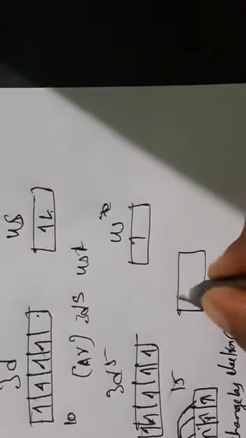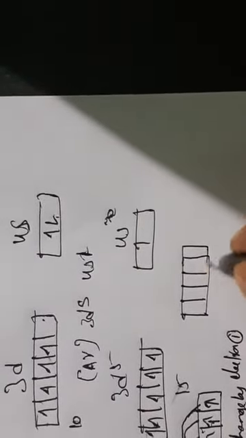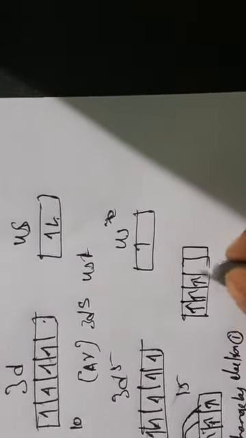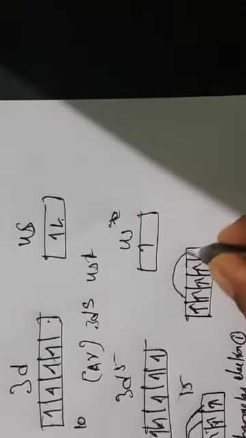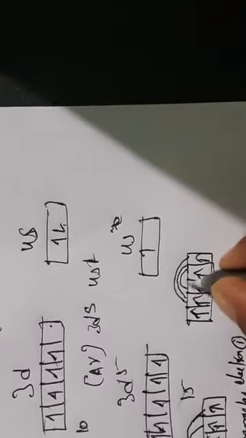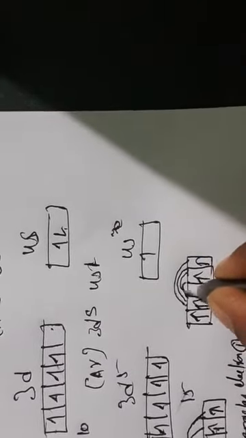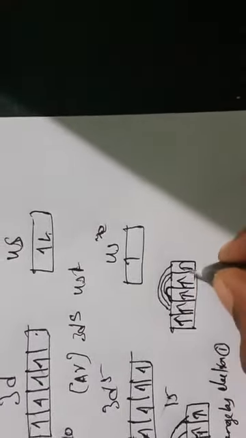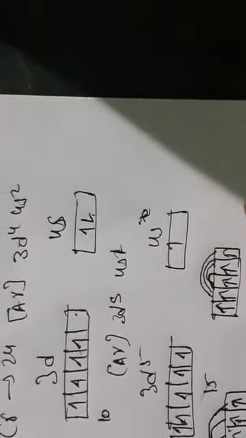In the next step, 3 exchanged by electron 2. In the similar way, taking the next orbitals, 2 exchanged by electron 3, and 1 exchanged by electron 4.